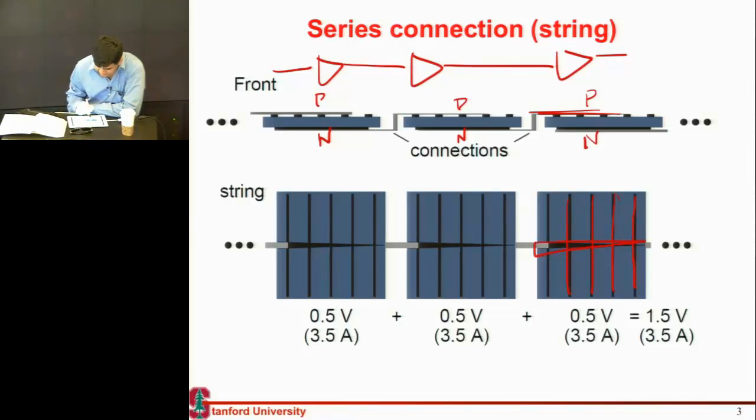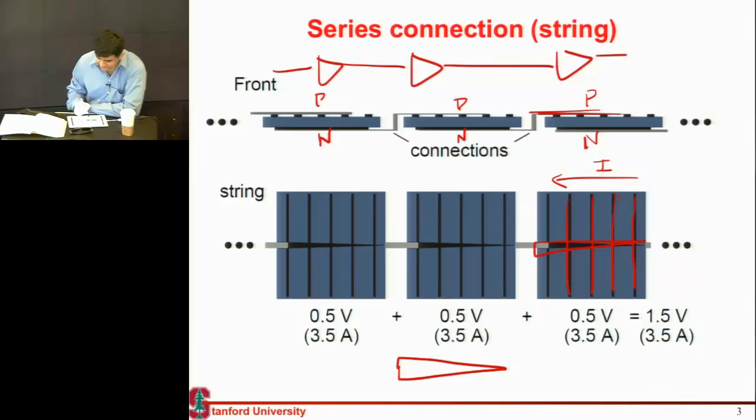And you can see that this bus bar has this triangular shape because as you move along this bus bar, you're collecting more and more current. So your I, as you're moving along this direction, is increasing.